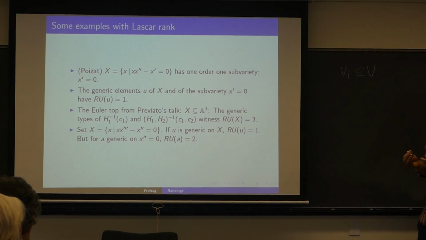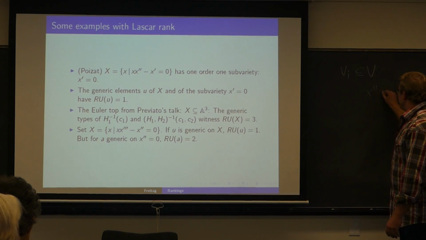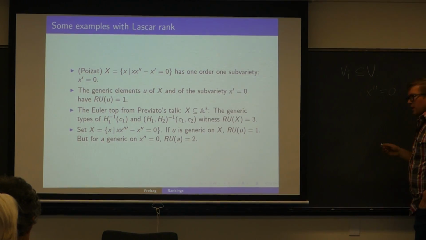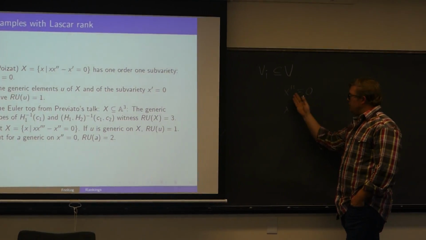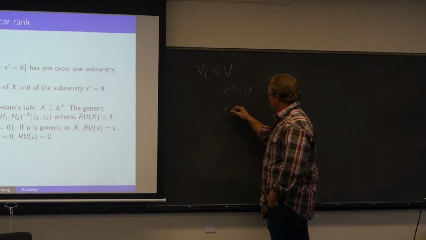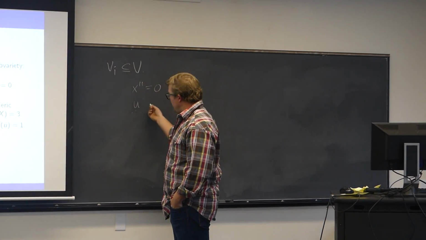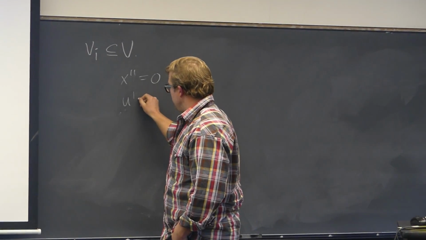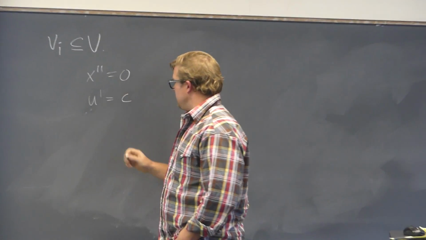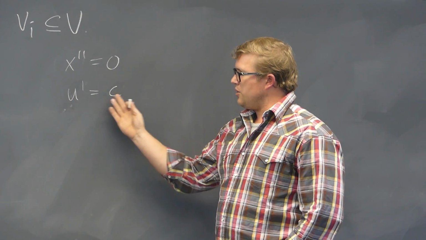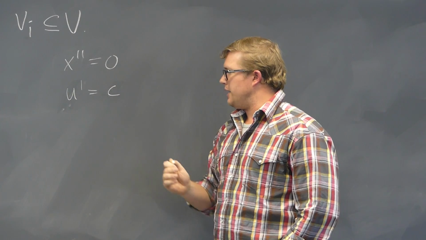And that's easy to see as well, because if you're an element that says X double prime equals 0, then you satisfy some order 2 equation. If you look at U generic on this variety over K, and then you add to K the derivative of U, this is some constant, well, then suddenly you satisfy an order 1 equation over this additional constant.